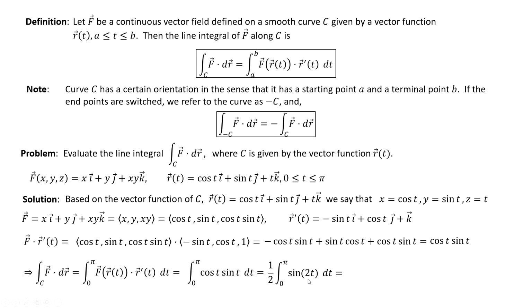And so that's just negative 1/4 cosine 2t evaluated from 0 to pi, which is just 0. Bummer. We did all of this work and the integral turned out to be just 0. Yeah, that's okay.